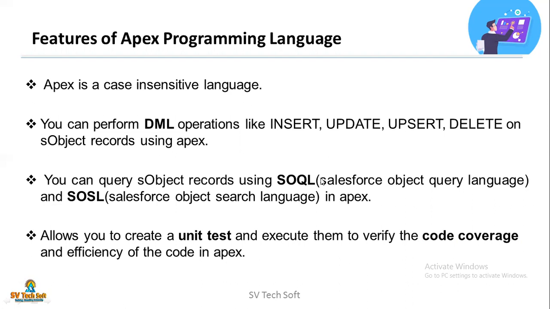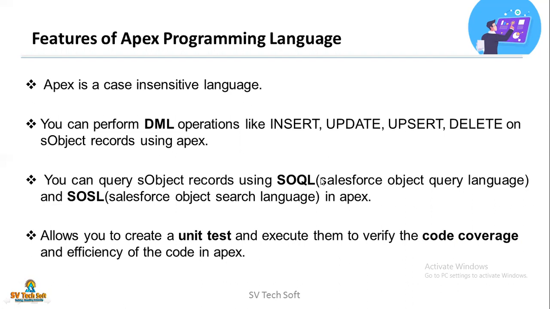By using the Apex programming language, you can perform DML operations on your database. What is the meaning of DML operation? DML operations are nothing but creating any new record, or updating existing record information, or doing both create and update in combination.